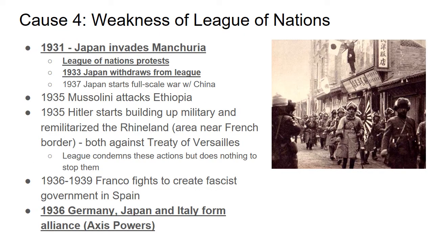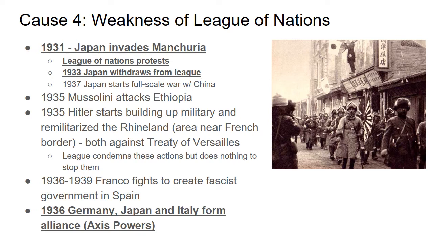So we can see this happening with our authoritarian nations. First, looking at Japan in 1931, Japan invades Manchuria, that region north of the Korean Peninsula, part of China.